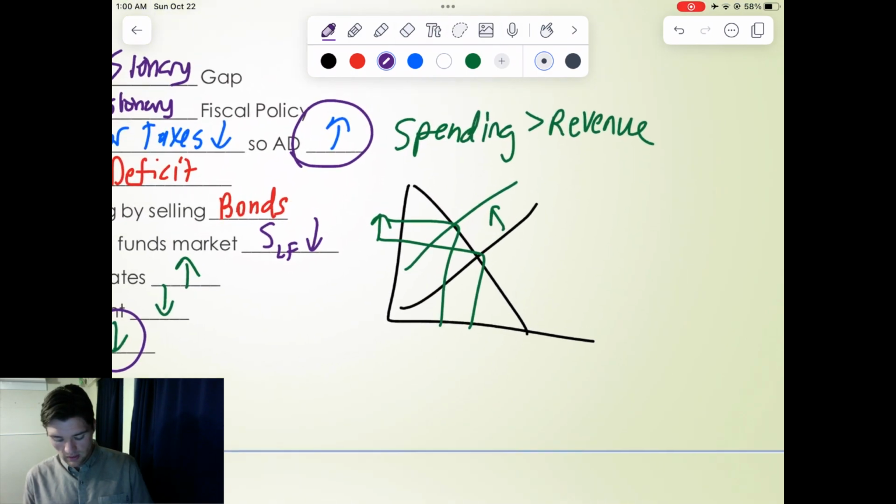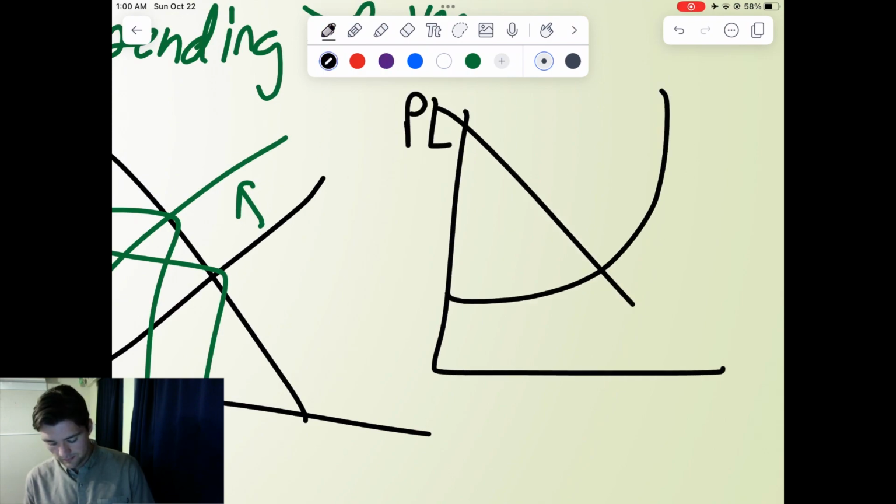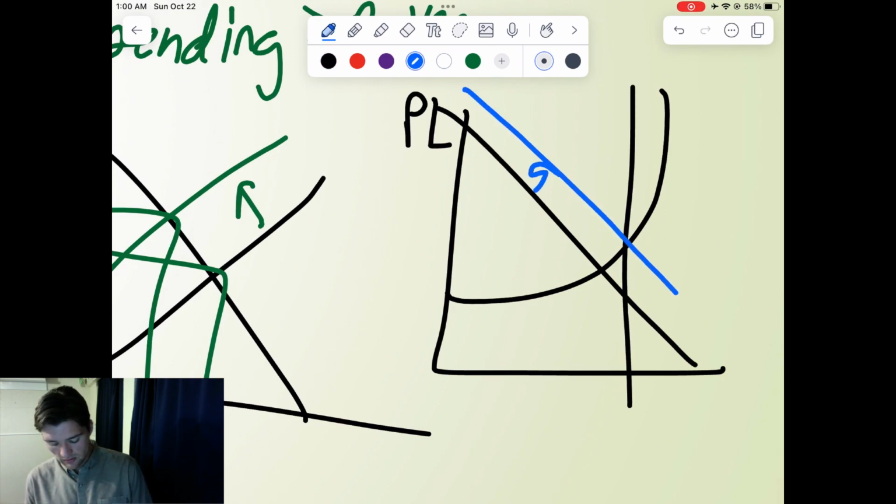So basically what happens here is we have a macroeconomy in a recessionary gap. And so we're trying to increase aggregate demand by doing expansionary fiscal policy. But then because of the crowding out effect, the investment is crowding out the government spending.